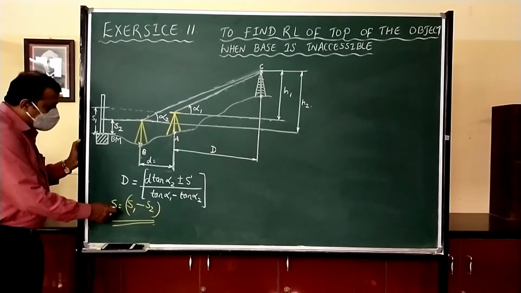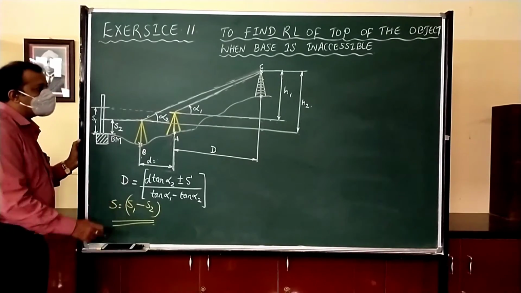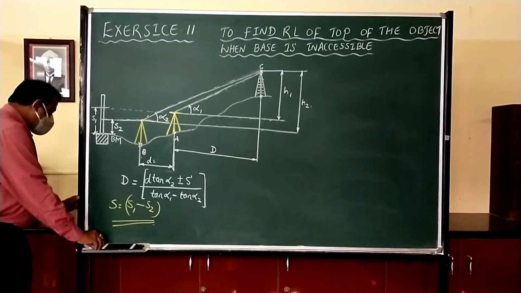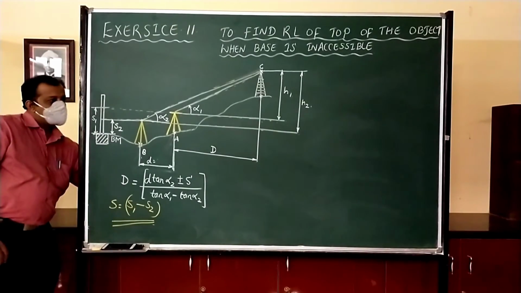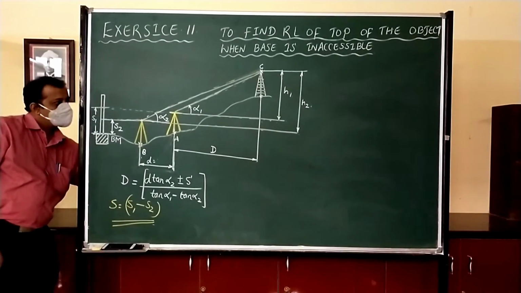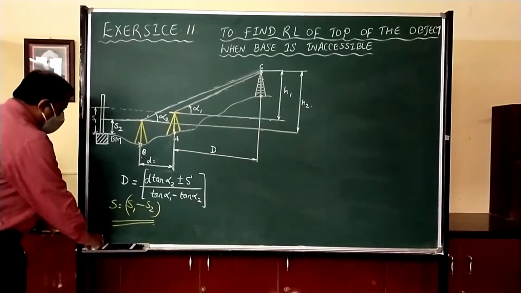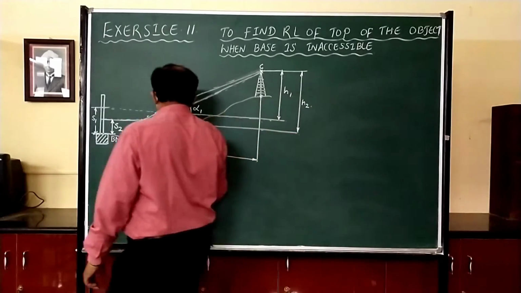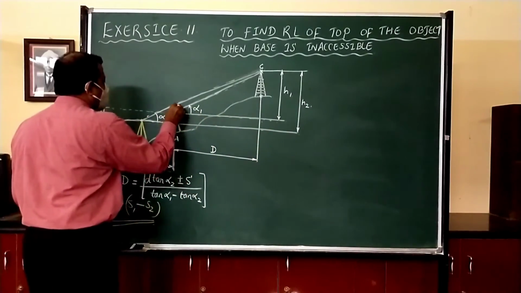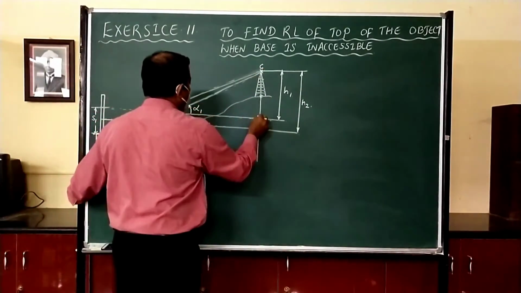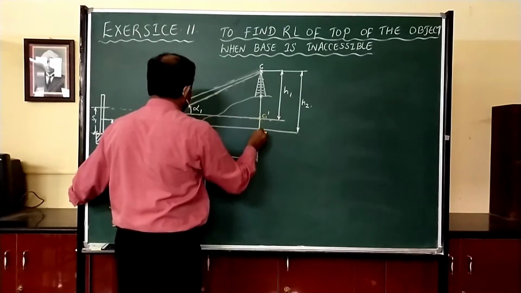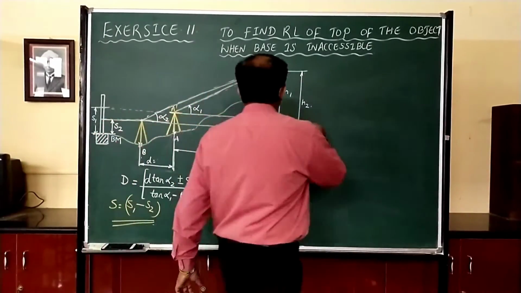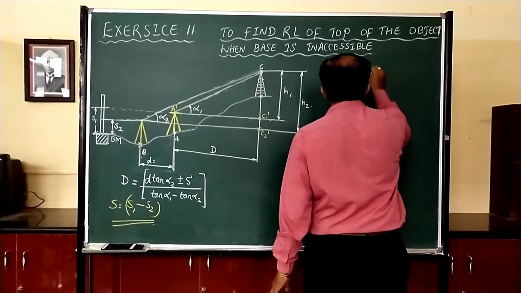After finding the value of D, we can find the values of H1 and H2. How do we find H1? To get the value of H1, consider this triangle A dash, C, C1 dash.